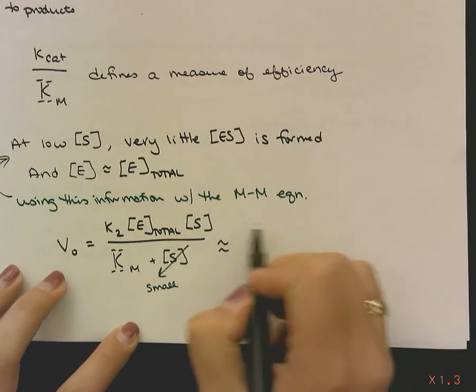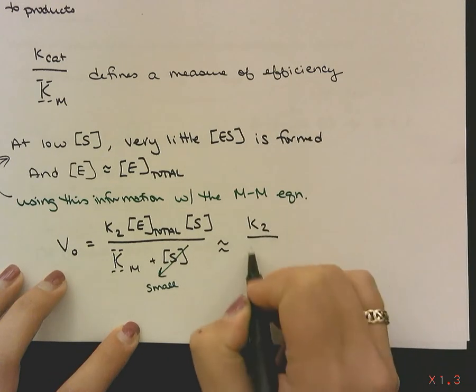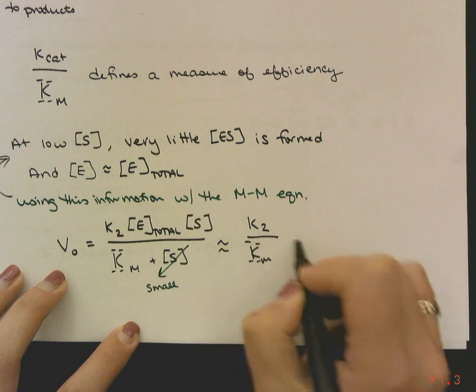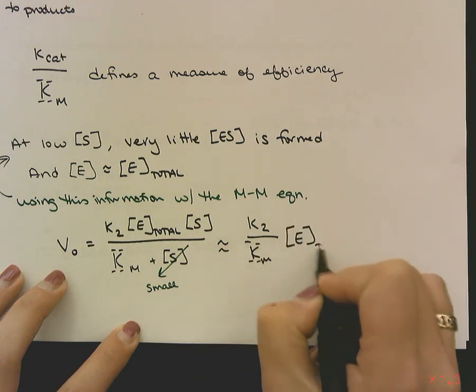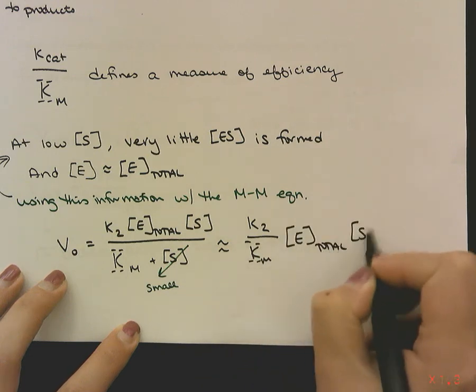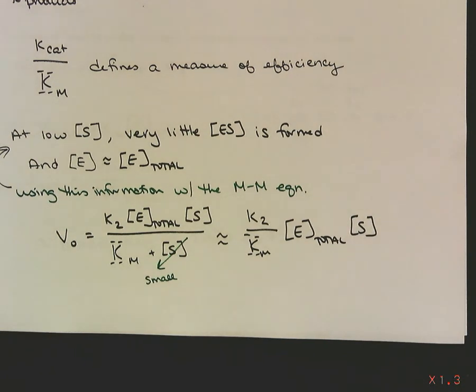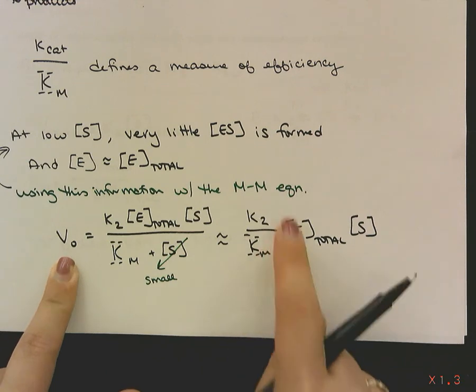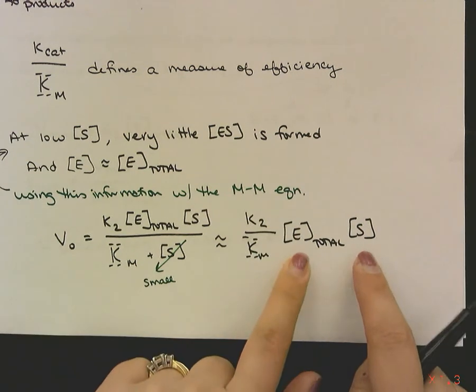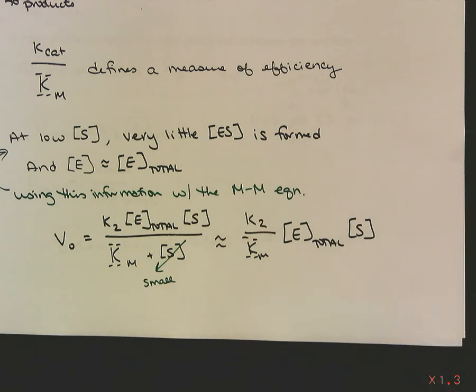So I can rewrite this, and now I've defined my initial velocity in terms of K2 over Km times the concentration of both of these.